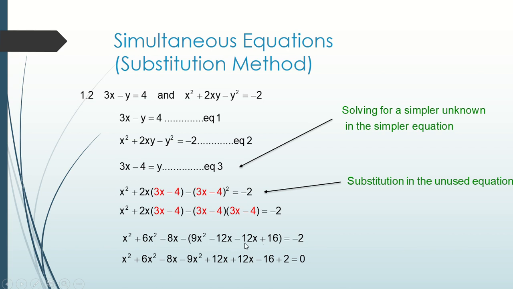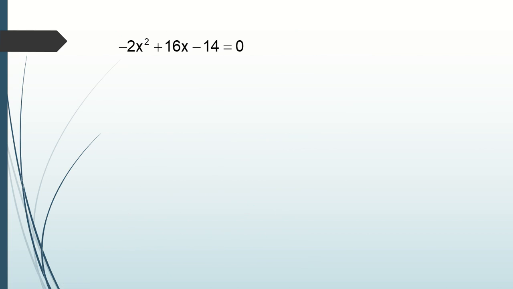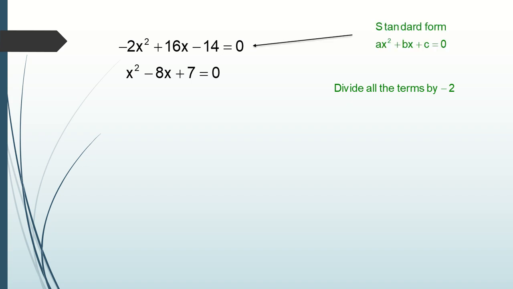And you must be careful. That's why you have your brackets there, because you still need to multiply the negative inside. And once you've done that, we are now rushing to get standard form. From standard form, we divide by negative 2, so that we can have a simpler standard form.